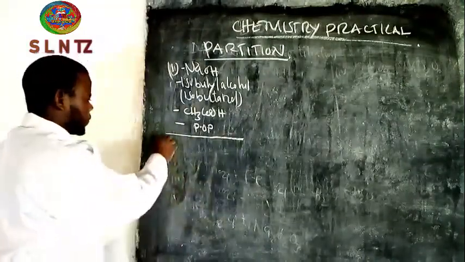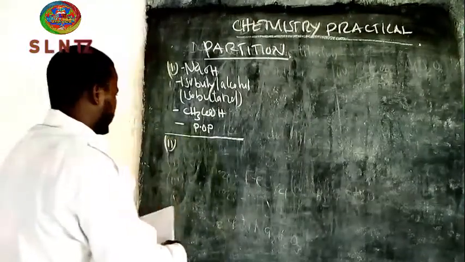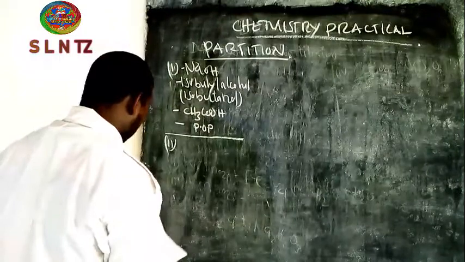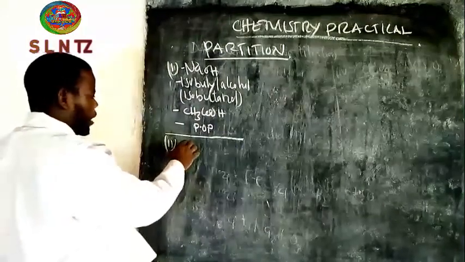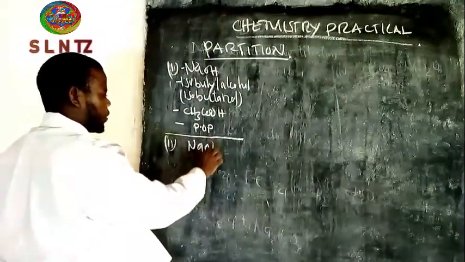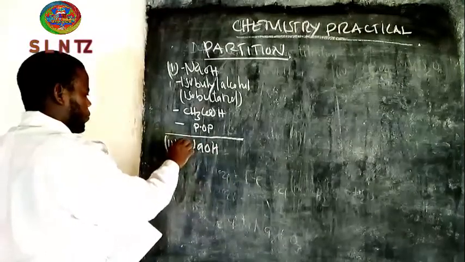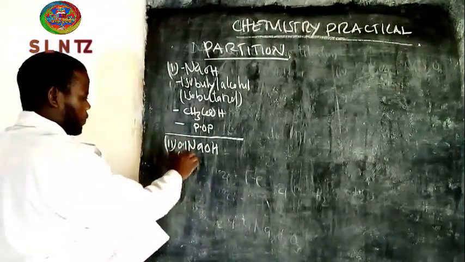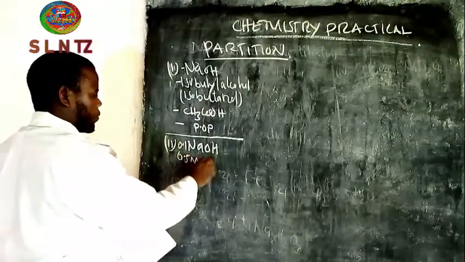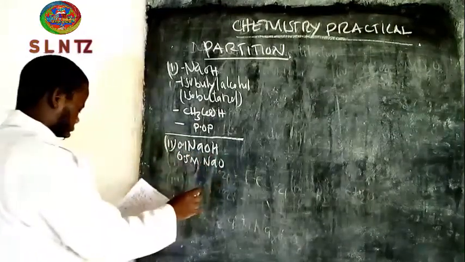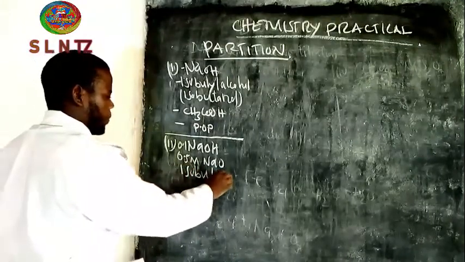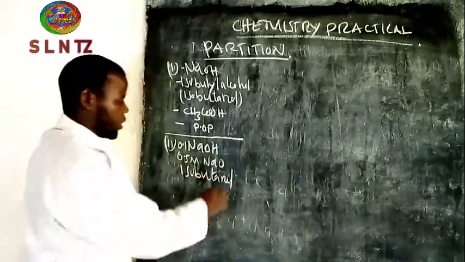Number 2, partition or concentration, you have to concentrate on it. You can have different sodium concentrations. Let's say 0.1 concentration, 0.5 M sodium hydroxide, you also have isobutane.